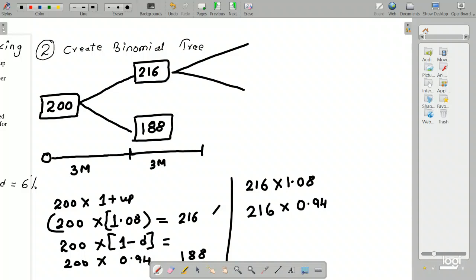You know 0.94, where did we get that? This is basically 1 minus the downward trend. This means 1 minus 0.06, so that is going to give you 0.94, right?